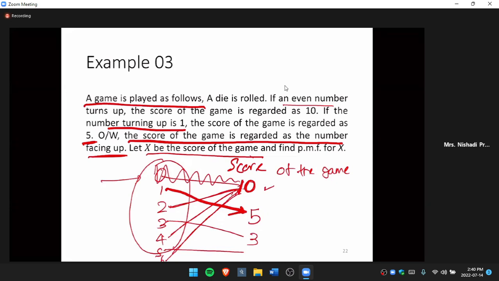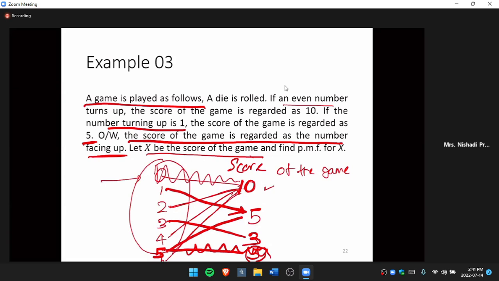There are 2 more values now. If we get number 3, then the score of the game is regarded as 3. And if we get number 5, the score of the game is regarded as 5. But we don't need to write that number 5 again because 5 is already recorded. Therefore, we can map that 5 into this 5. Understand?